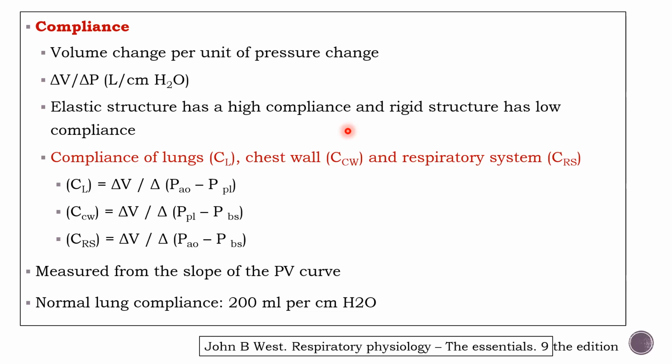So high compliance is good, in the gross way to understand. If someone says the lung has good compliance or high compliance, that means the lung is good, because with small changes in pressure there will be a good change in volume. So the amount of pressure required to produce a certain volume will be less for a lung which has high compliance.